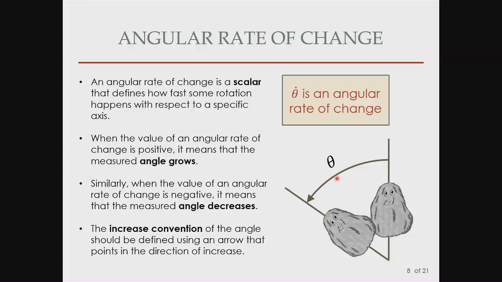And this value, theta dot, is a scalar, and it will help us define the vector of angular velocity. But pay attention, it's not the same. Angular rate of change is a scalar that we use to define the vector of angular velocity.